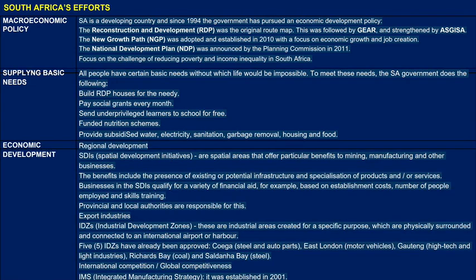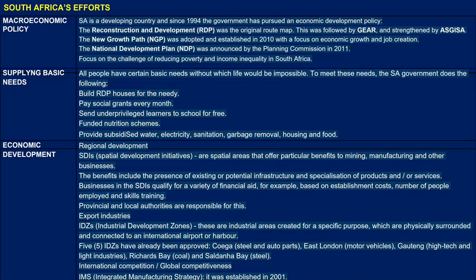And then economic development. What South Africa has done in terms of economic development, they've looked at regional development, and here we look at the SDIs, or Spatial Development Initiatives, which are spatial areas that offer particular benefits to mining, manufacturing, and other businesses.